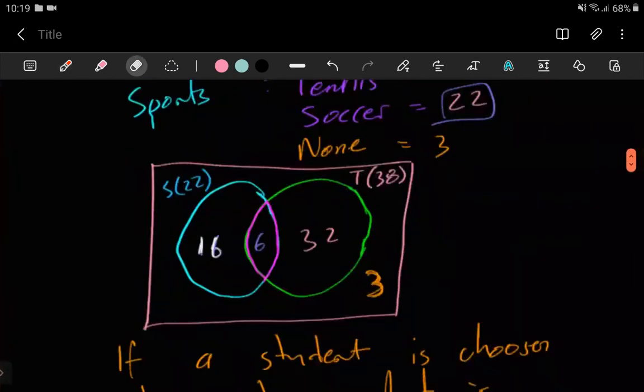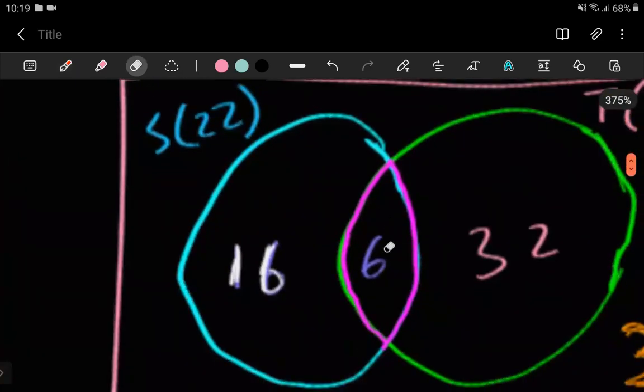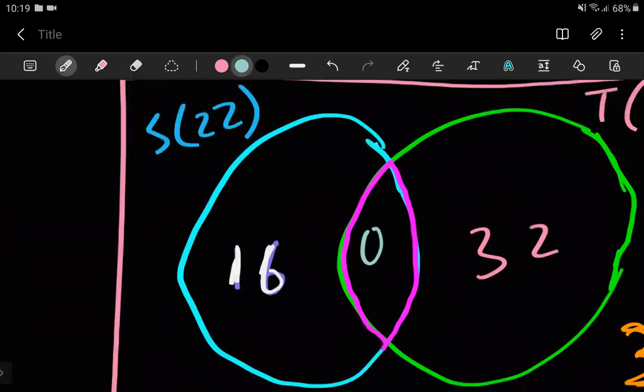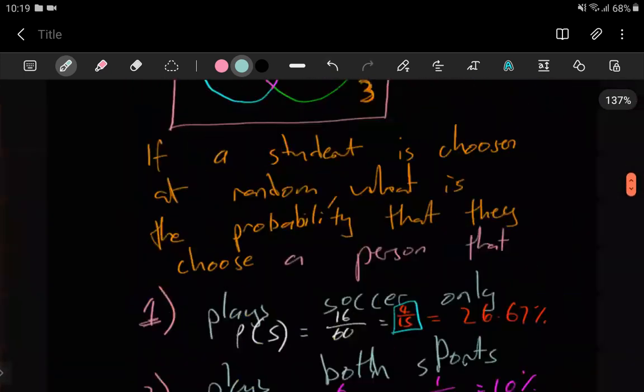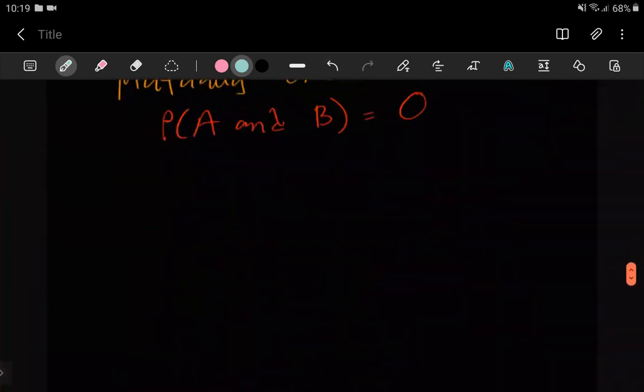Meaning, for example, if you had it here as zero for some odd reason, this would automatically be mutually exclusive events, because there are no events that would be taking place at the same time. It's more like a weird, strange exception. If this is zero, technically we know we're dealing with mutually exclusive events. So that's the idea with mutually exclusive events and independent events.